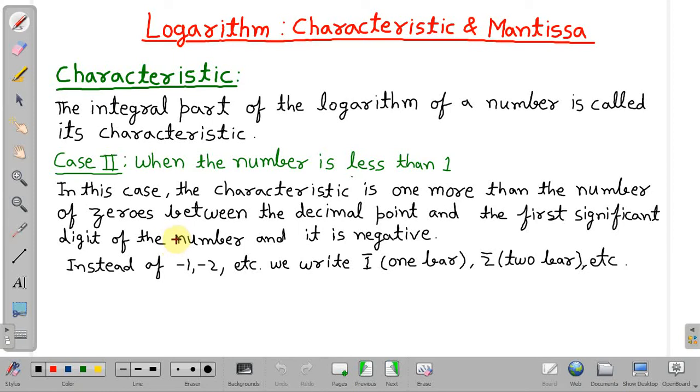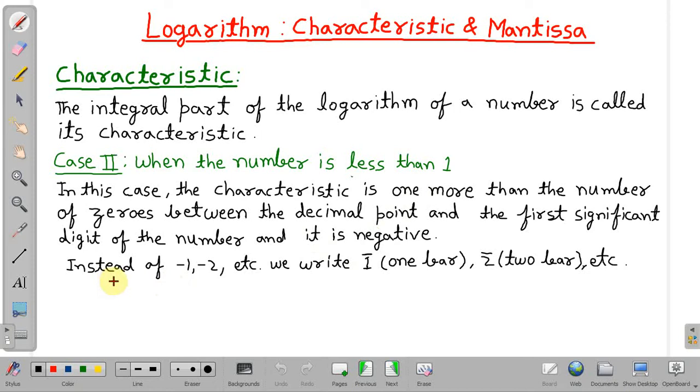So we count the number of zeros to the right of the decimal point before the first significant digit, and then we add 1 to that number of zeros, and it is negative.